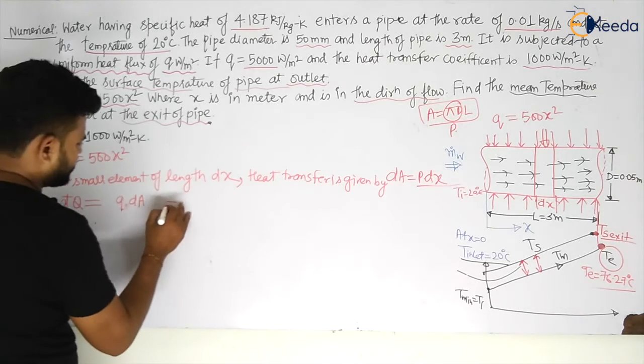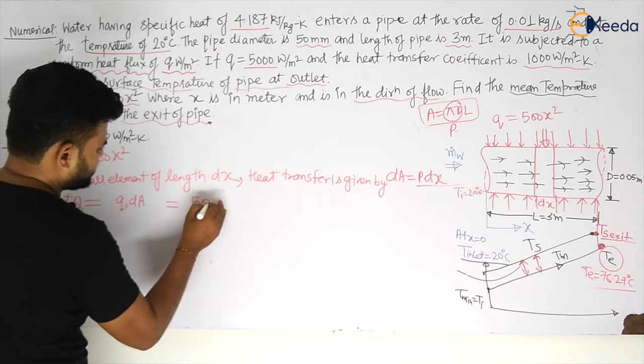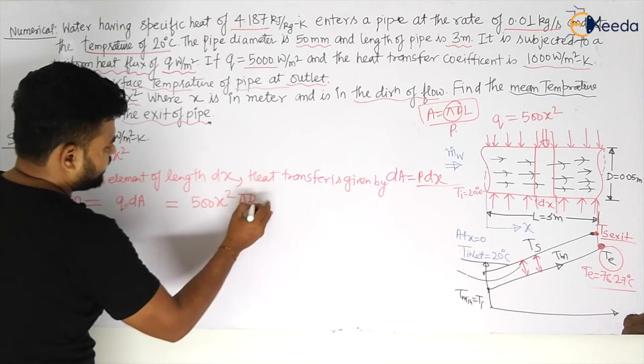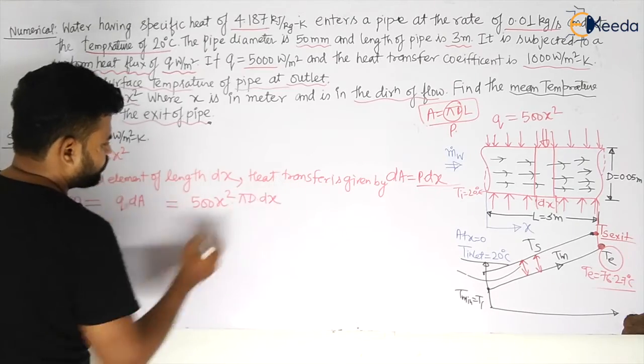So this will be nothing but equal to 500x square multiplied by dA, where dA is perimeter pi d into dx.